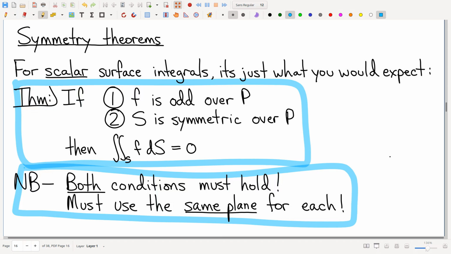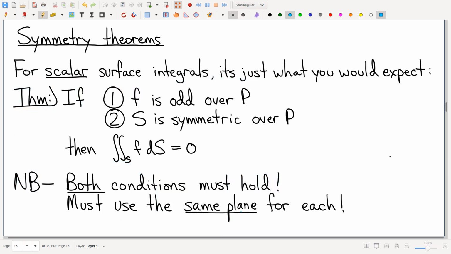So all good, and I hope you will use this theorem. Scalar surface integrals are 0 when the integrand is odd and when the domain is symmetric. Both conditions, same plane, right? Same little disclaimers. All good.